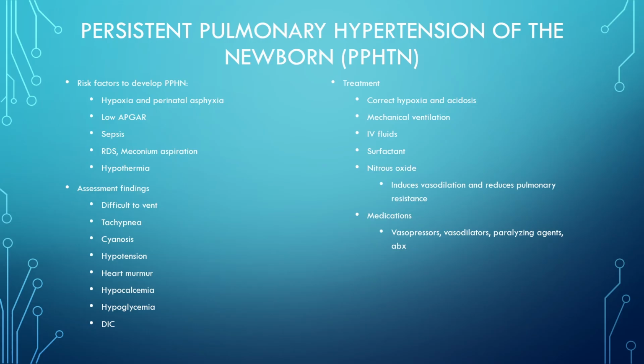Persistent pulmonary hypertension of the newborn. This is where the blood pressure in the lungs stays higher when it should be lower. So think of blood, it's going to flow from a higher pressure to a lower pressure.